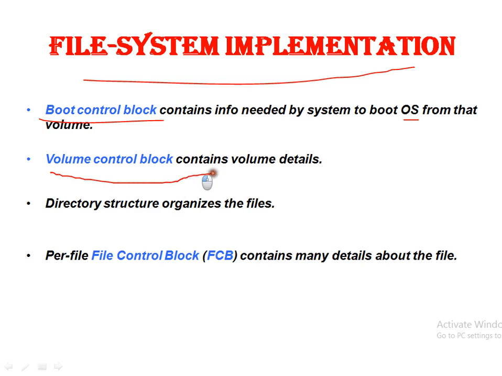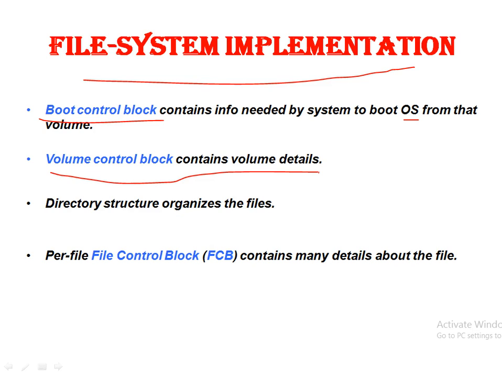Next, the volume control block contains per volume or partition details such as the number of blocks in the partition, the size of the block, a free block count and free block pointers, and so on.